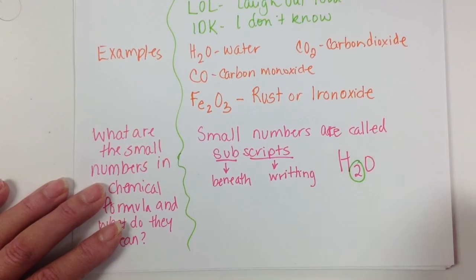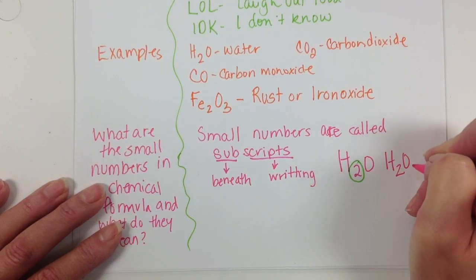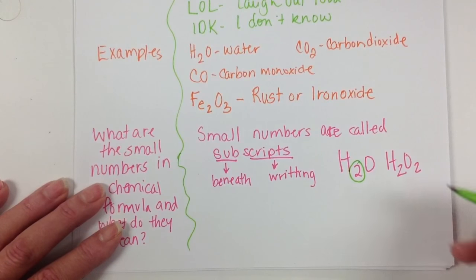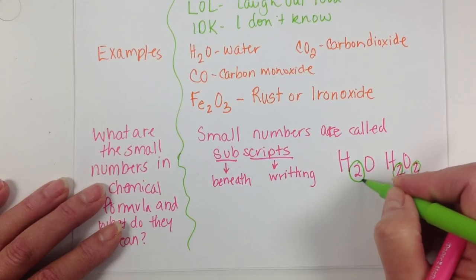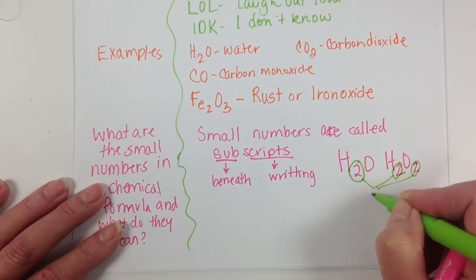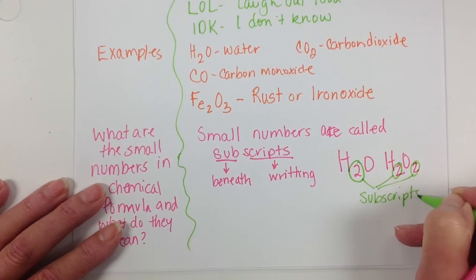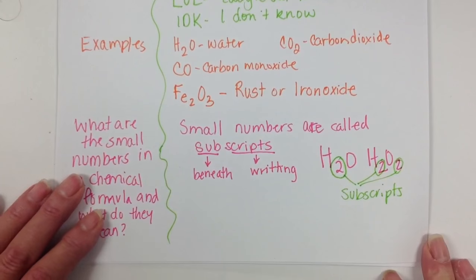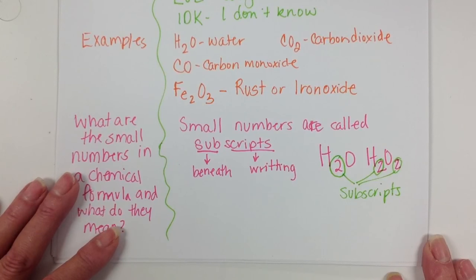It's small and it's smaller than normal numbers would be. So let's do H2O2, which by the way is hydrogen peroxide. So all of these are our subscripts. Okay? Now, what do they mean?